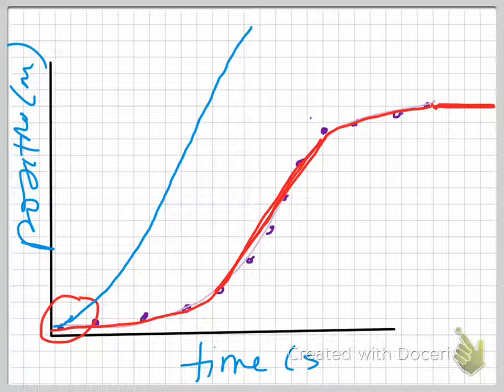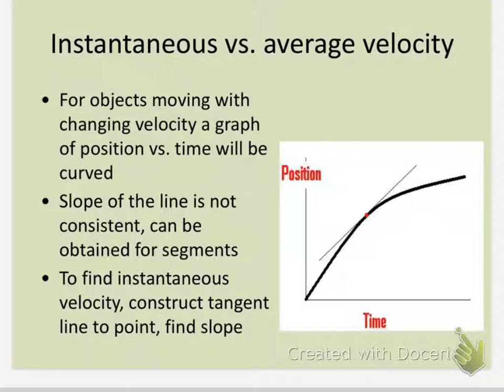What are some other scenarios? Do you have questions on this? Okay. So now let's look at this. When we see an object whose velocity is changing, our position time line is curved.